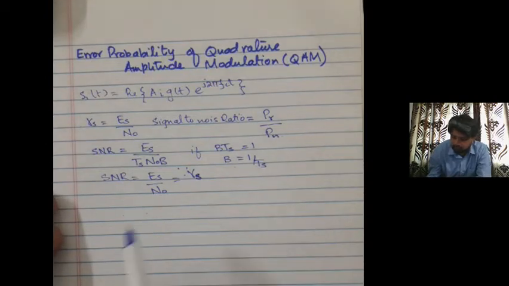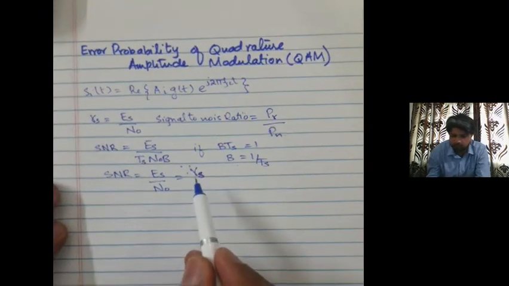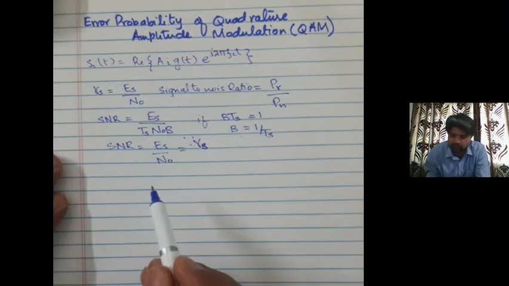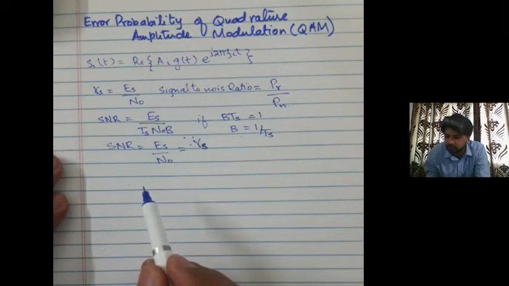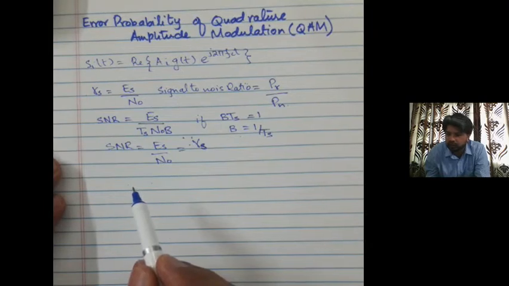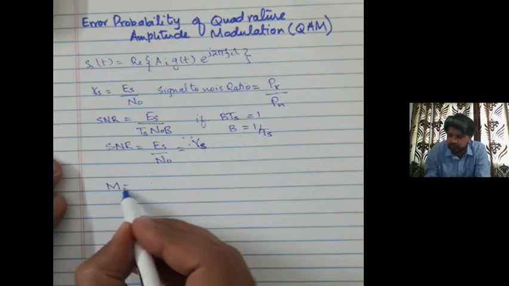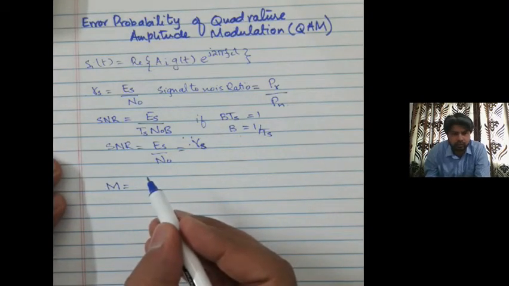Now that we have talked about the relation between E_s over N_0 and signal to noise ratio, let's talk about what would be the error probability for the quadrature amplitude modulation. We said that for the sake of simplicity here, we would restrict ourselves to square constellations.